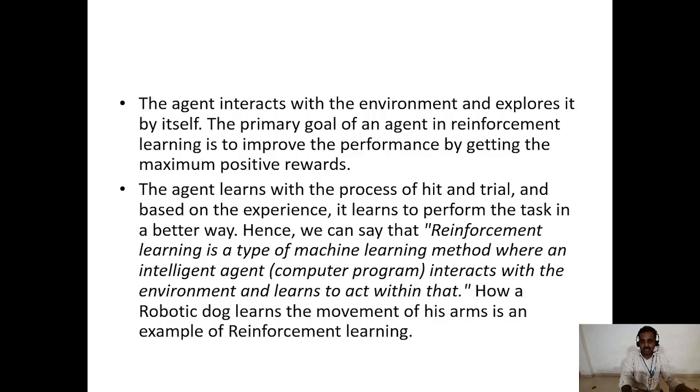The agent learns through hit and trial, and based on that experience it learns to perform the task in a better way. Hence we can say that reinforcement learning is a type of machine learning method where an intelligent agent, a computer program, interacts with the environment and learns to act within it. How a robotic dog learns the movement of its arms is an example of reinforcement learning.